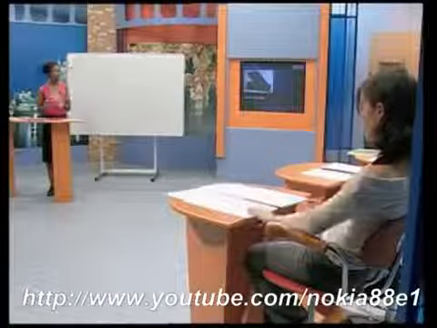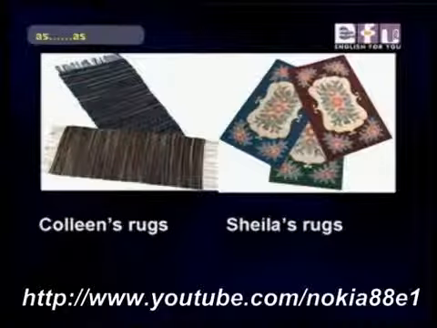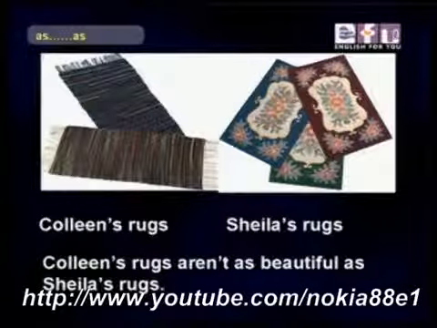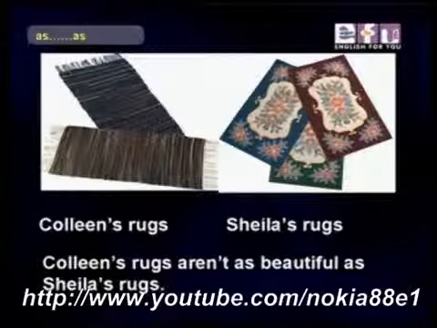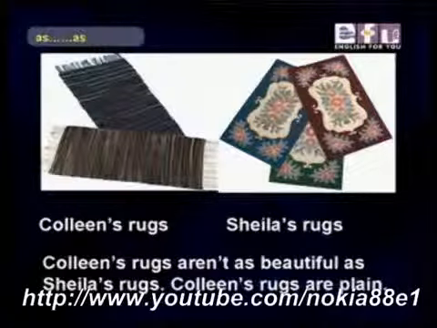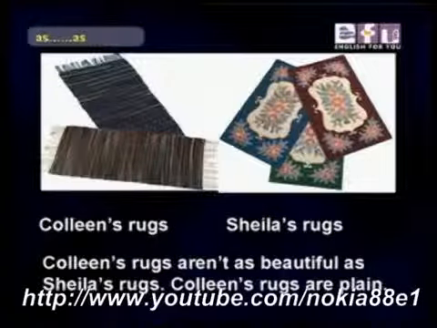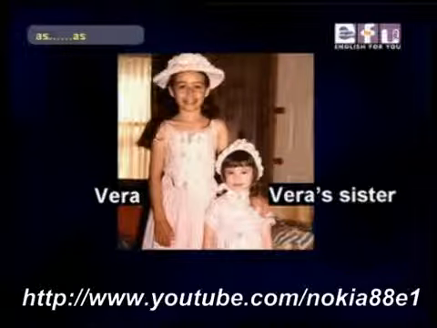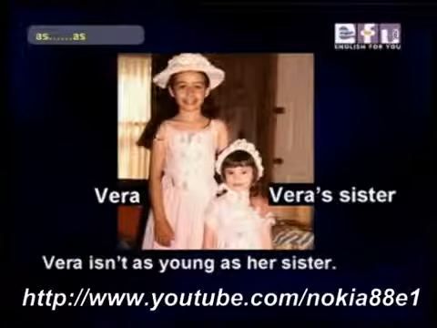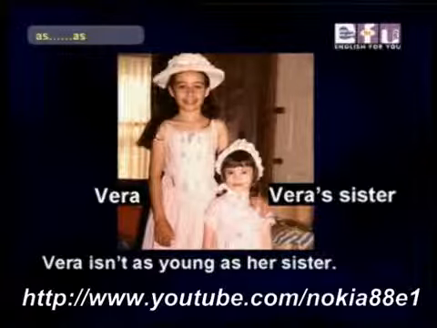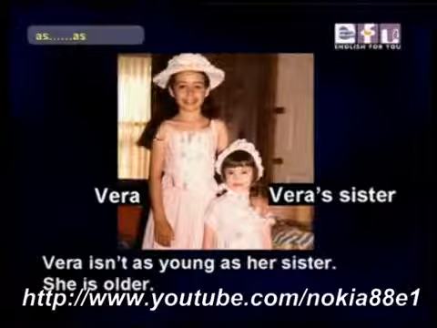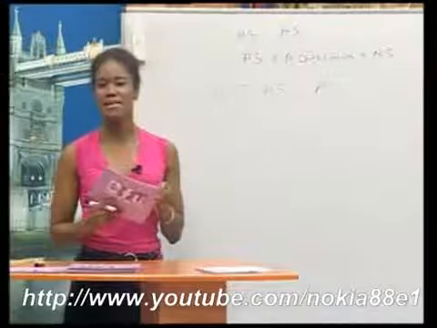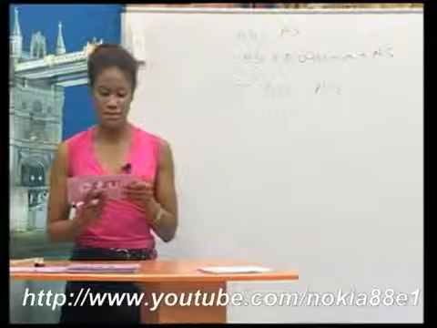Now look at Colleen's rugs and Sheila's rugs. Colleen's rugs aren't as beautiful as Sheila's rugs. Colleen's rugs are plain. Now Vera and Vera's sister. Vera isn't as young as her sister. She is older. Now, let's practice as and not as.